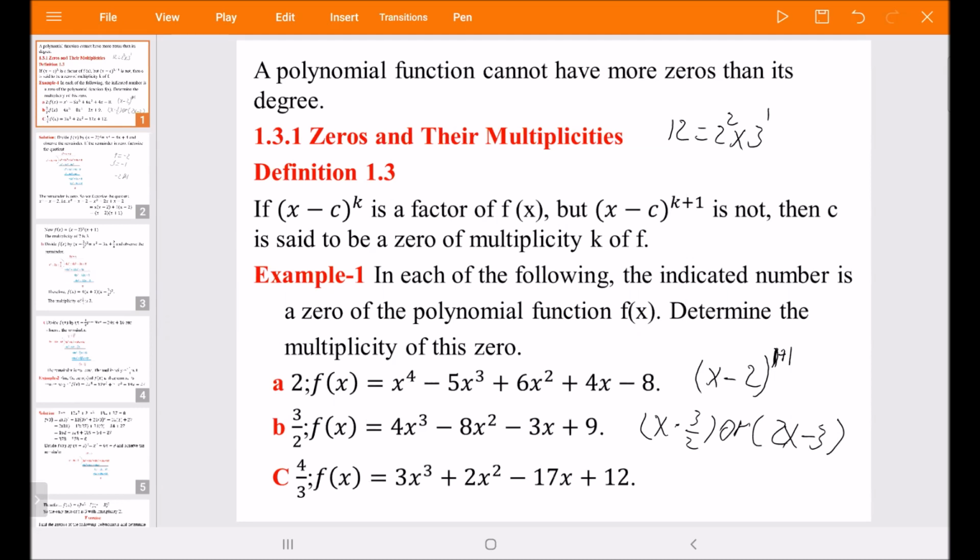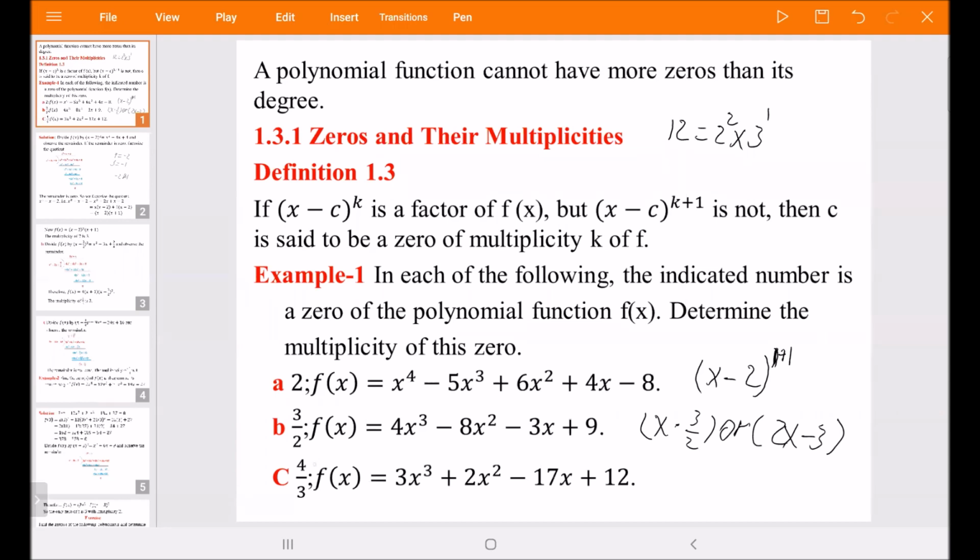As we did for the previous example, we first add 1 to the power of this one, x minus 3 over 2 to the power of 1. It is a factor of this polynomial and it is given. It is not something we found by going through some calculation, rather it is given.